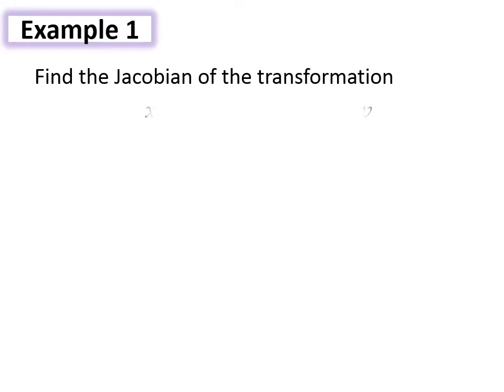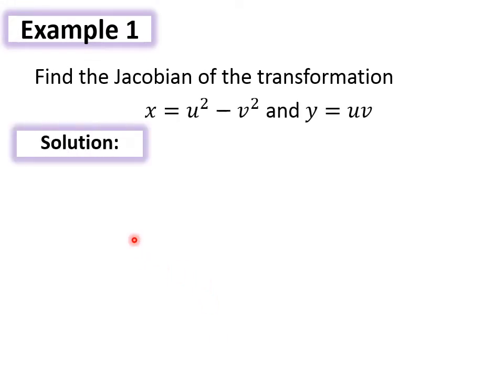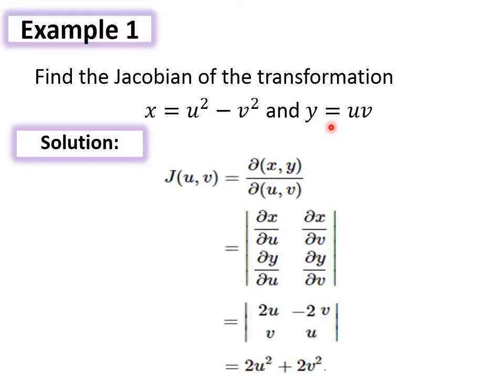I am just going to give a few examples on computing the Jacobian for a general coordinate system. In the first example, the transformation given is x equal to u square minus v square, y equal to uv. Now we are going to see how to compute the Jacobian for this transformation. So take the definition of the Jacobian for two variables.